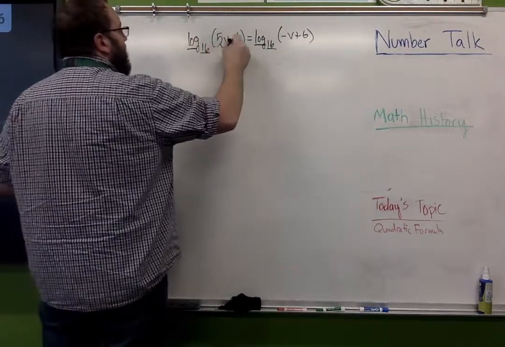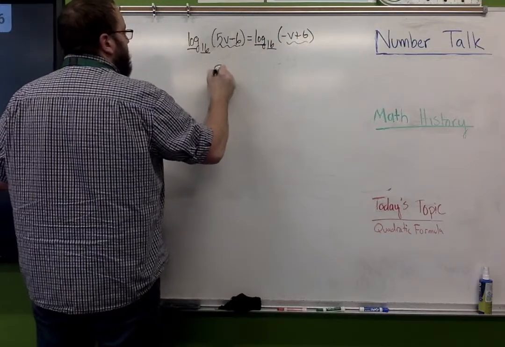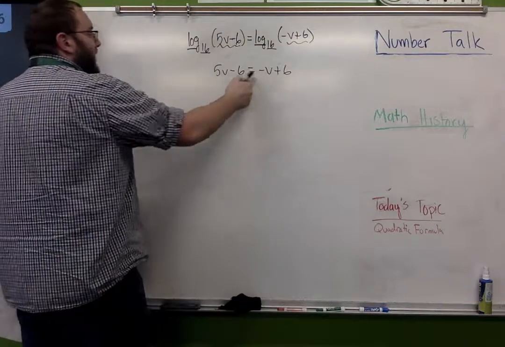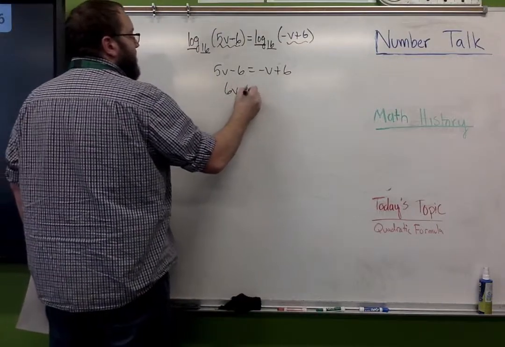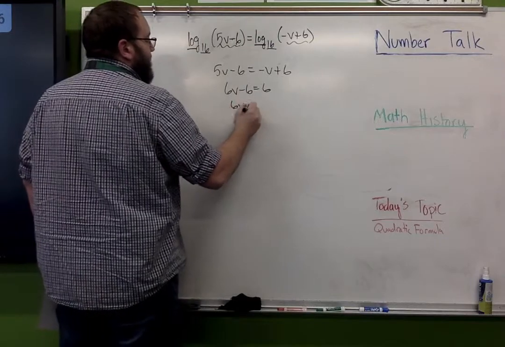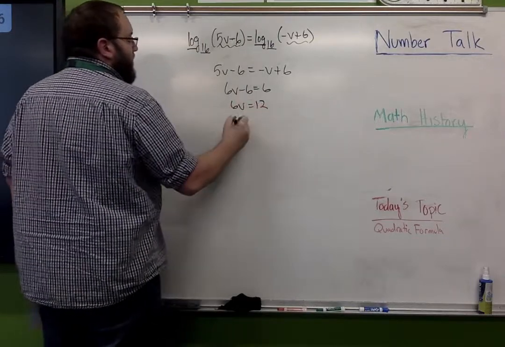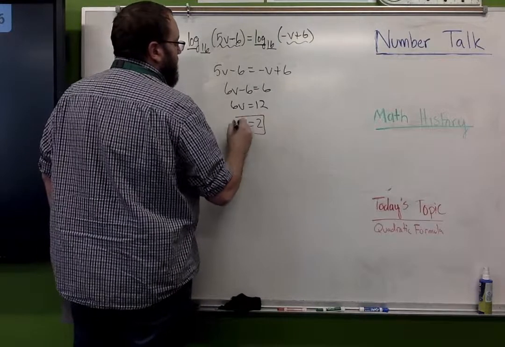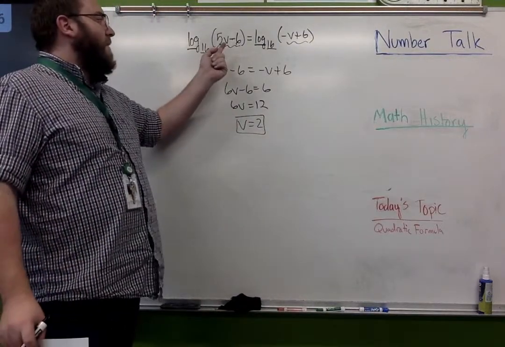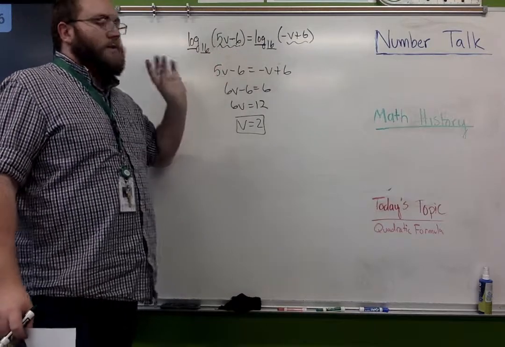So that means what we're taking a log of has to be equal. So 5v minus 6 has to equal negative v plus 6. Add v to both sides. 6v minus 6 is equal to 6. Plus 6 to both sides. 6v is equal to 12. Divide by 6 both sides. v equals 2. Plug v back in to see if I divide by, or if I take the log of a negative or 0. I don't, so that's your answer.